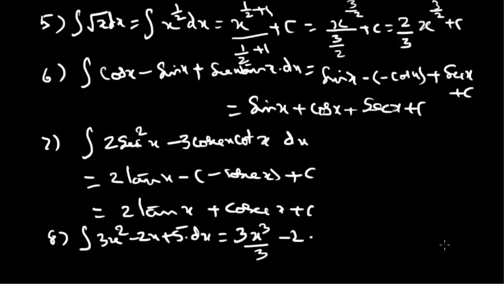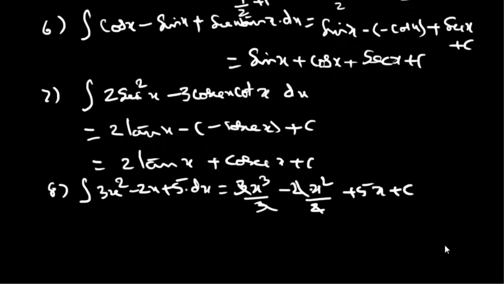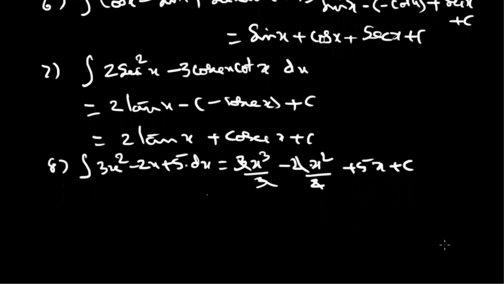So x power 1 plus 1 is x squared divided by 1 plus 1, which is 2. Plus 5 into 1 you get. Integration of 1 is x, because differentiation of x with respect to x is 1. So 5x plus c. Here 2 cancels, 3 cancels. And the step is written as x cubed minus x squared plus 5x plus c.